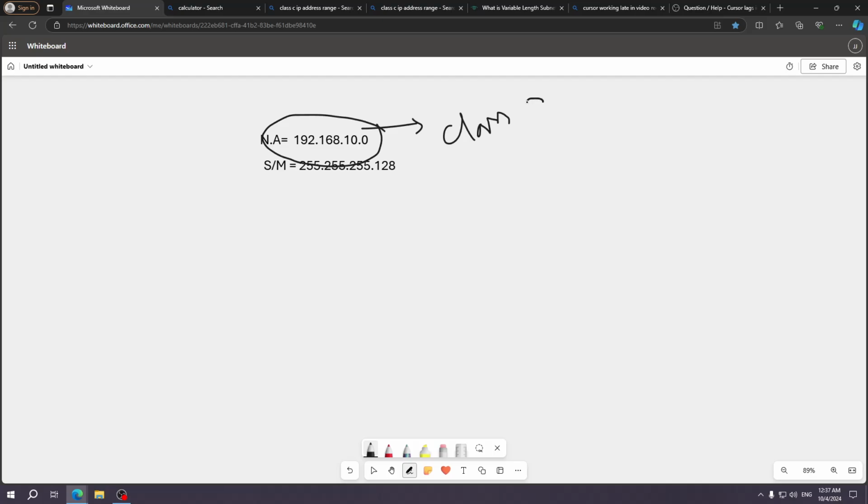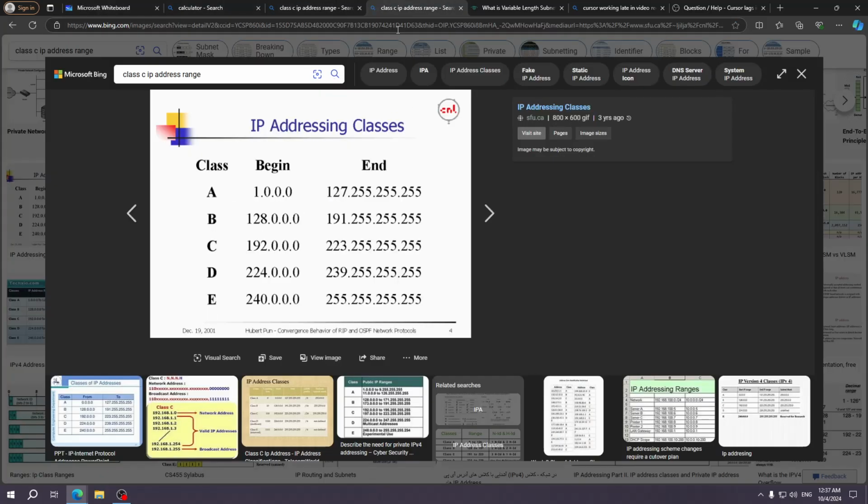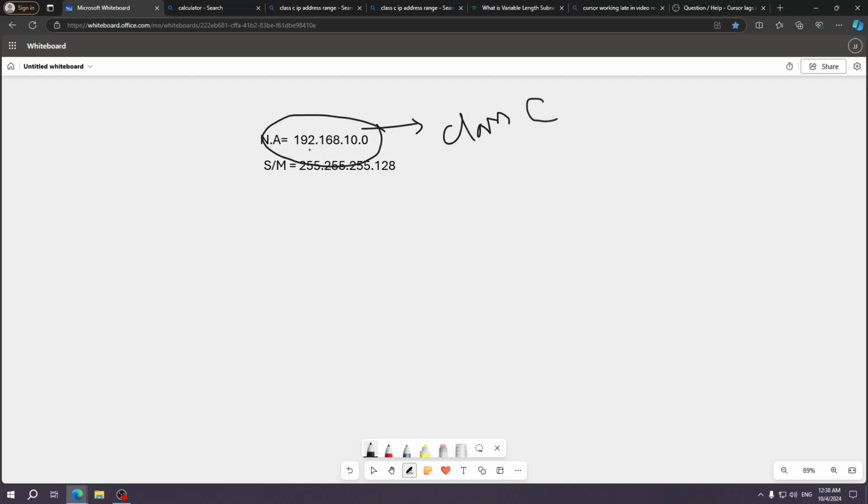How do we know? If I Google search class C IP address begin and end, the first octet will be 192 to 223 and the second, third and fourth will be 0 to 255. So here we have 192 in the first octet, so it reminds us that it's a class C IP address.